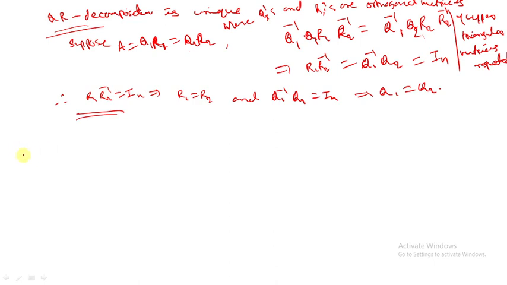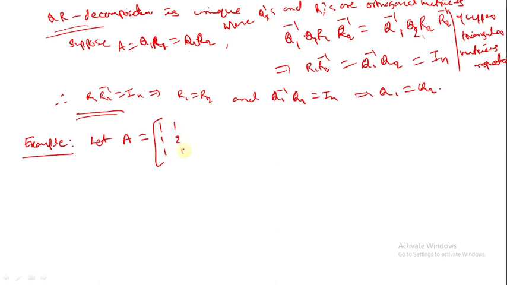Now we'll see some example. Let A equal to the matrix with rows 1 1 1, 1 1 2, 1 2 3.